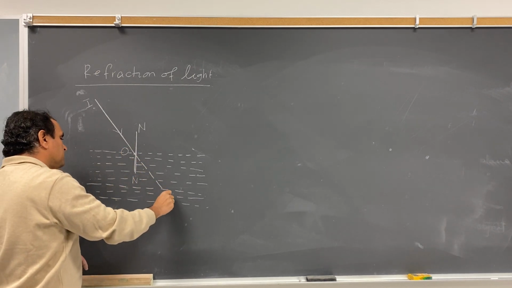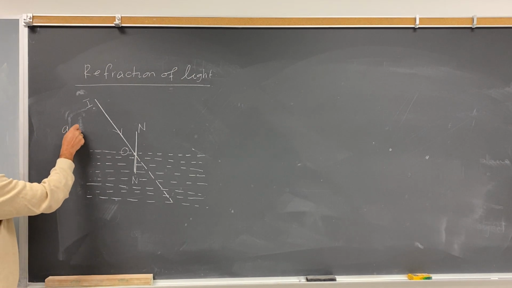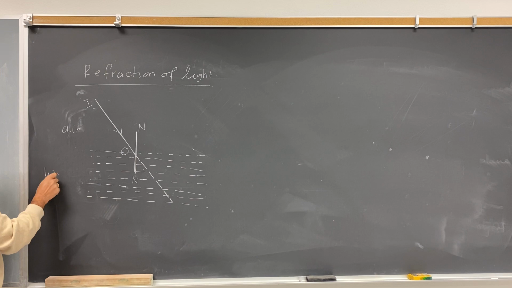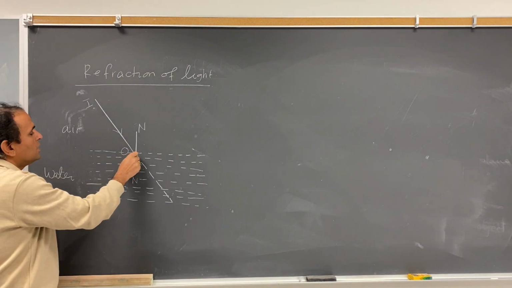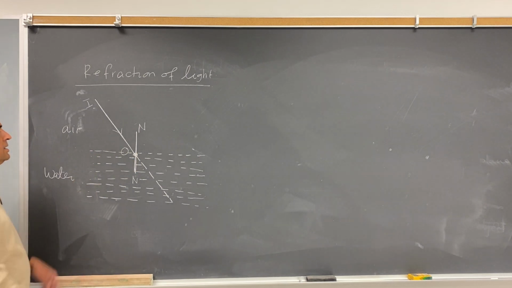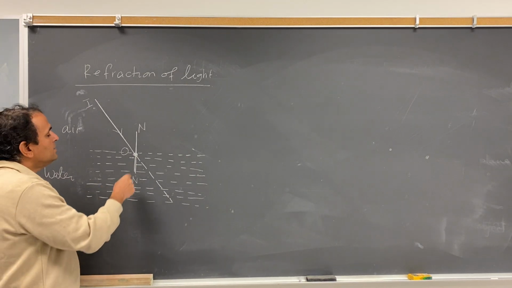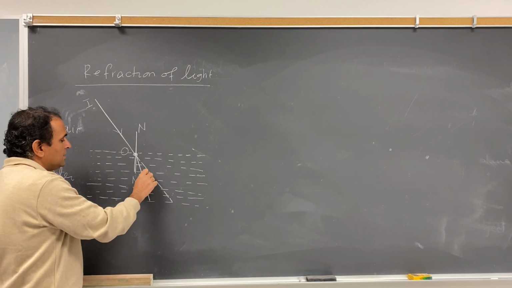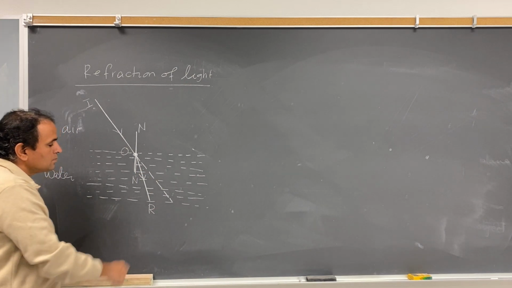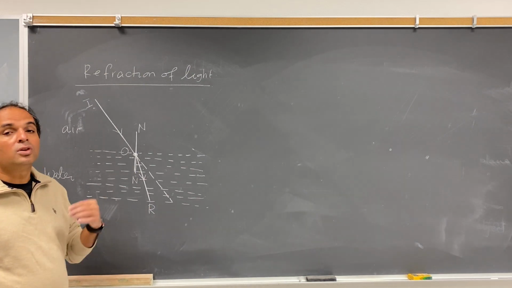But what happened? This is air. This is water. So what happens is, at this point you have two different media. This is air, this is water, different media. Okay, so the speed of light change here. Then what happens is, light bent like this. It cannot go in a straight line. So this is your R. IO, incident ray. OR, that is your refracted ray.